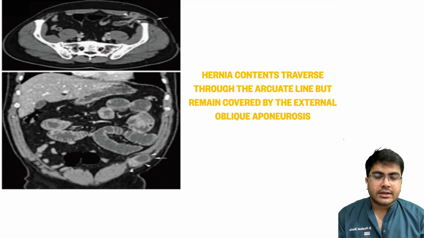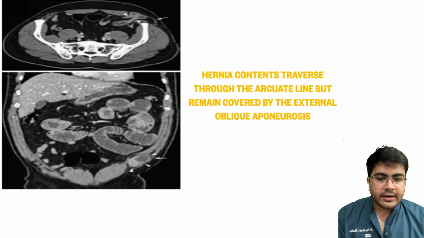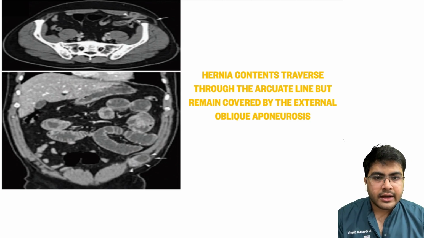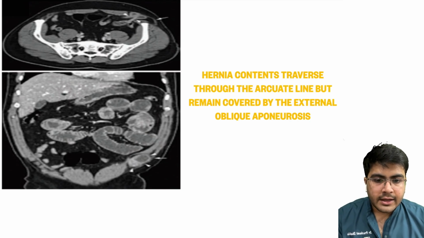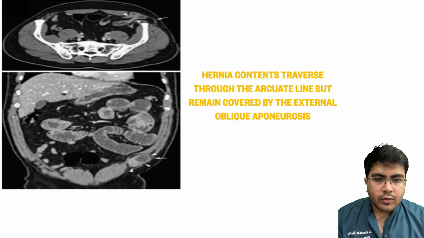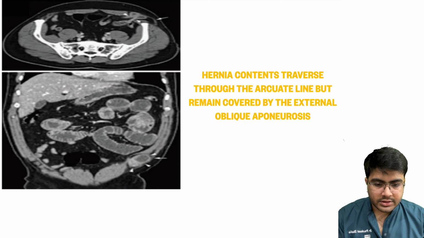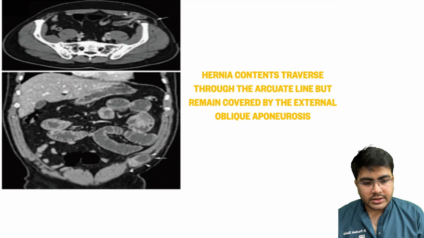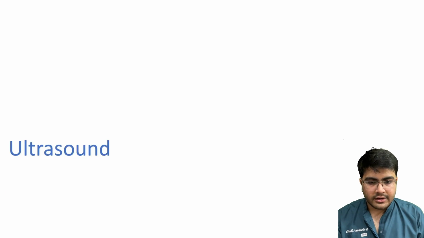Okay, so this is the classical finding of Spigelian hernia, and this makes it different from all the other types of ventral hernia. So in all other types of ventral hernia, the content won't be covered by the external oblique aponeurosis, but here it is covered by the external oblique aponeurosis. Okay, in the lower section also, the arrowhead shows the content, and the arrow shows the presence of external oblique aponeurosis. So this is classical of Spigelian hernia.